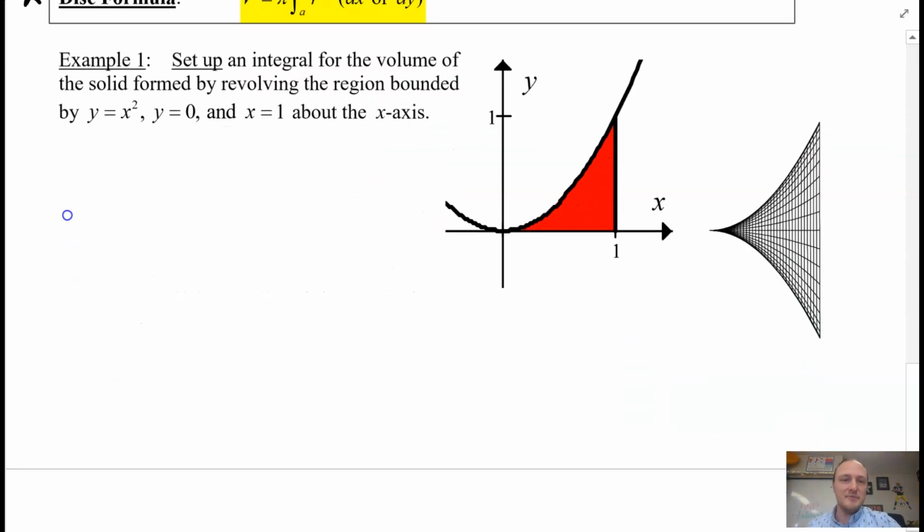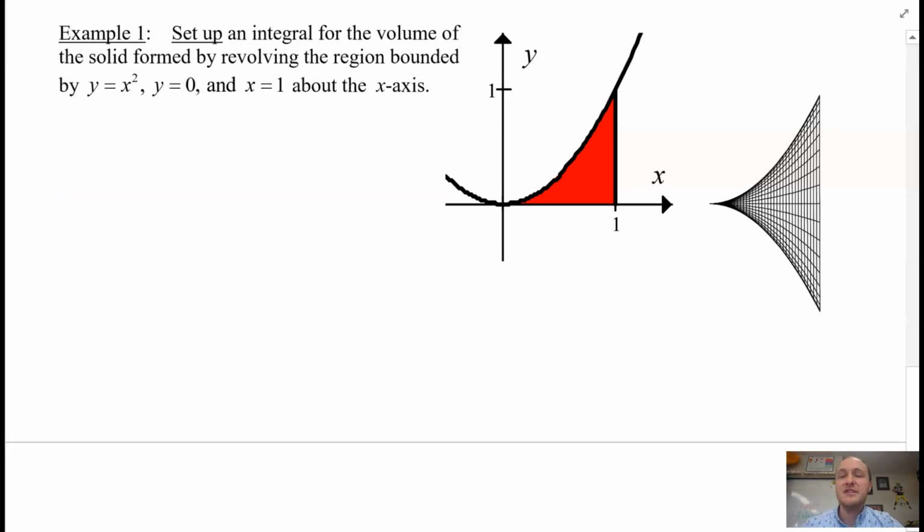So the same idea. In example 1, you're looking at the same type of volume as in our warm-up example. Here I just have the line y equals x squared. What we want to do is set up an integral for the volume of the solid formed by revolving the region bounded by y equals x squared, y equals 0, which is your axis of revolution, and x equals 1.